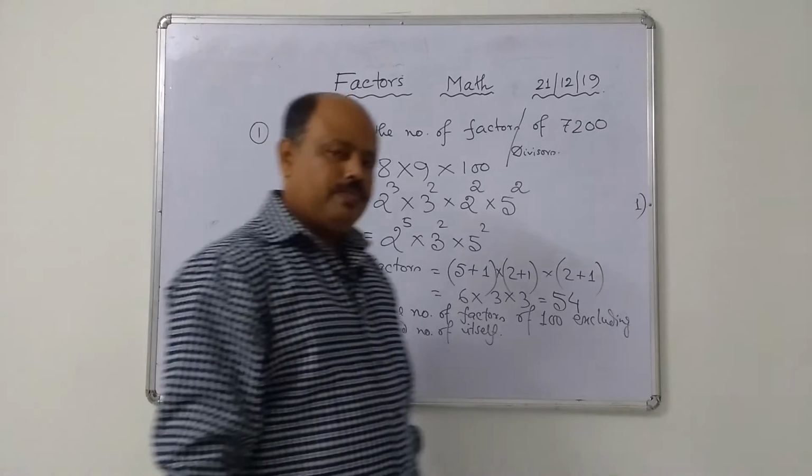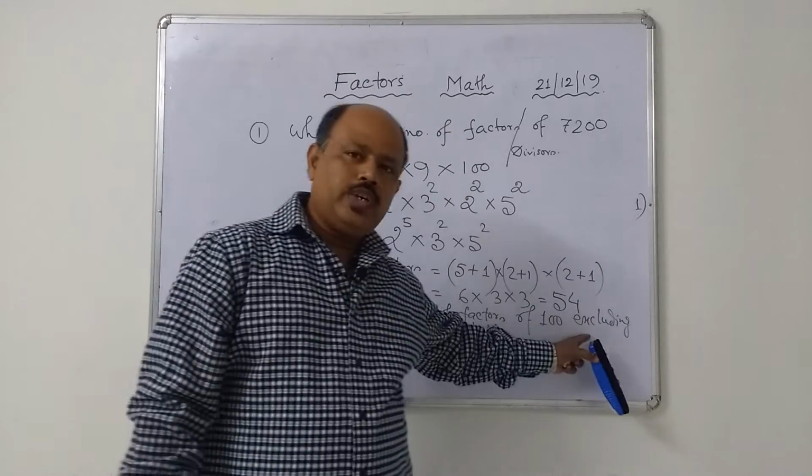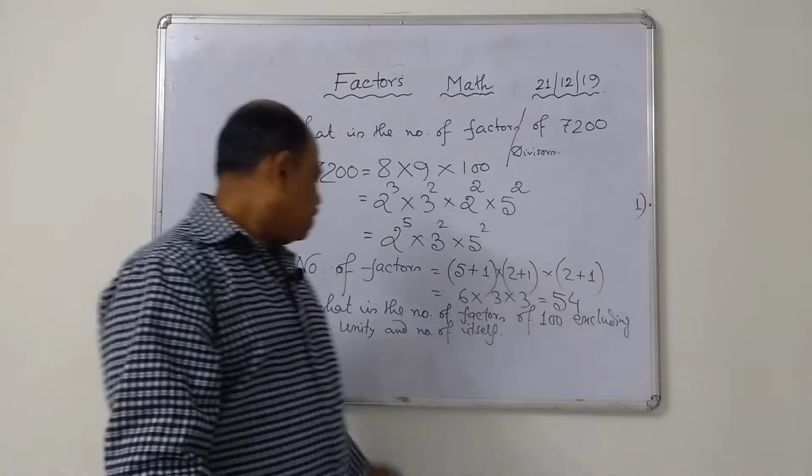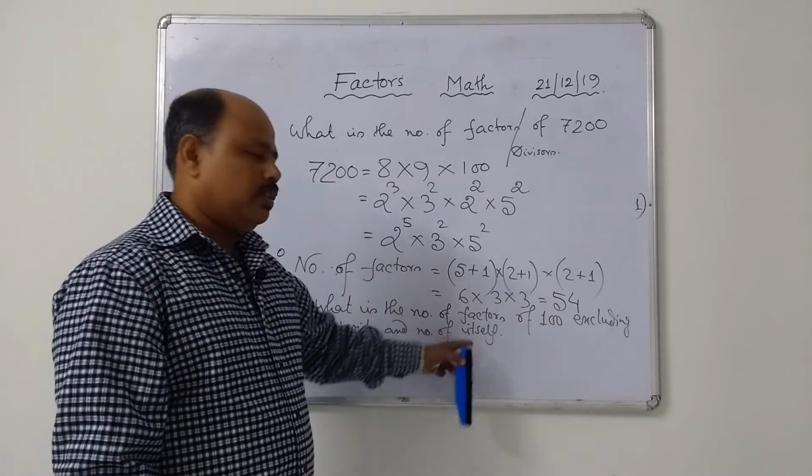তার মানে হচ্ছে 100 এর কতগুলি ফ্যাক্টর আছে, এক্সক্লুডিং মানে বাদ দাও, ইউনিটি দ্যাট ইজ 1 and number of itself.